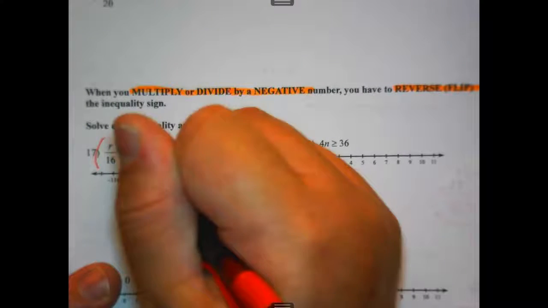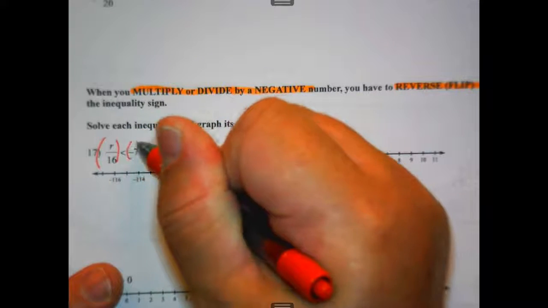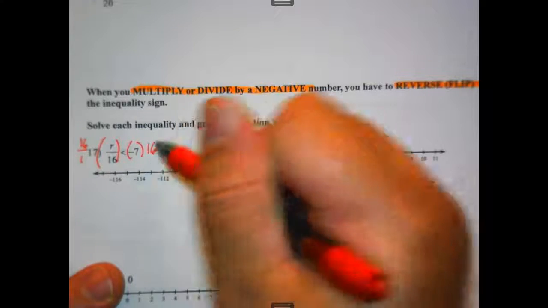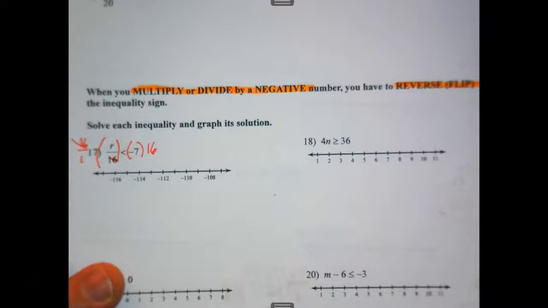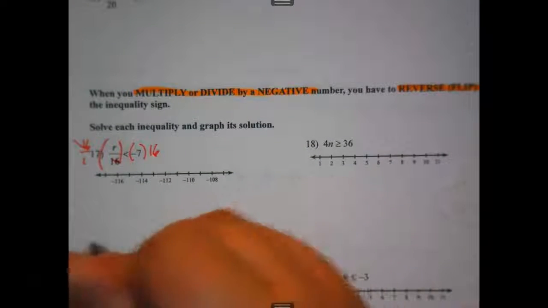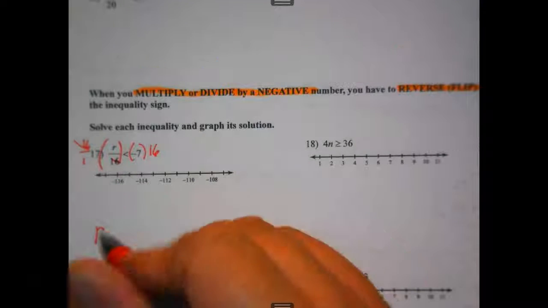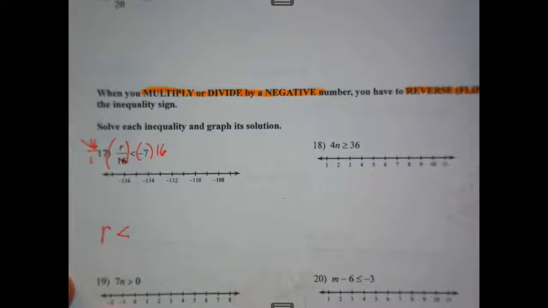Just like an equation, I'm going to multiply both sides by 16 or 16 over 1, so that the 16s cancel to 1. 1 times r is r. I'm multiplying by a positive number, so I keep the inequality sign the same.